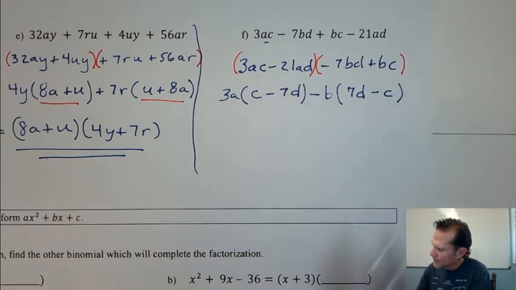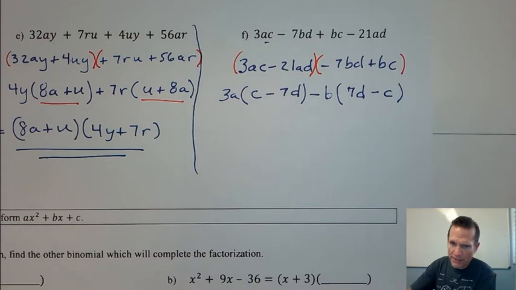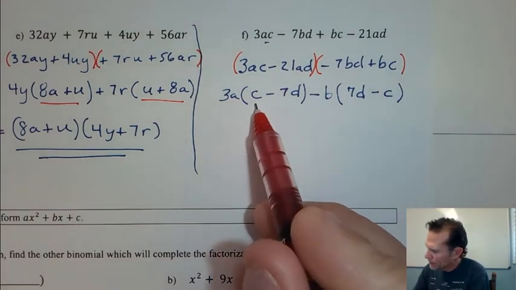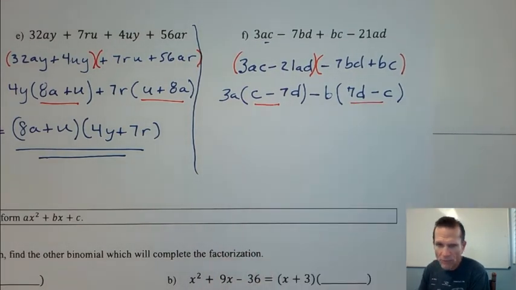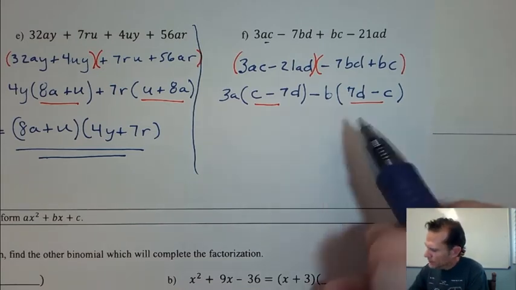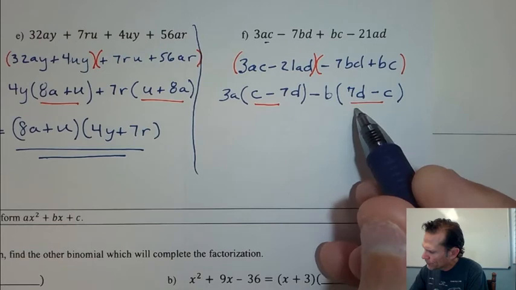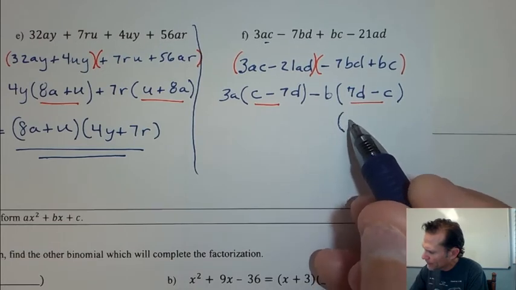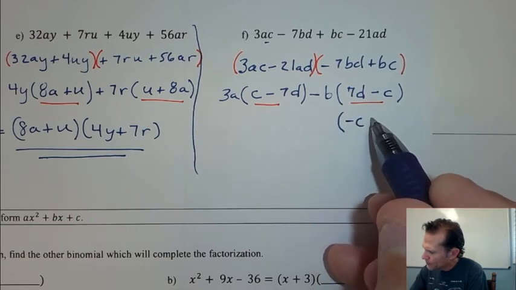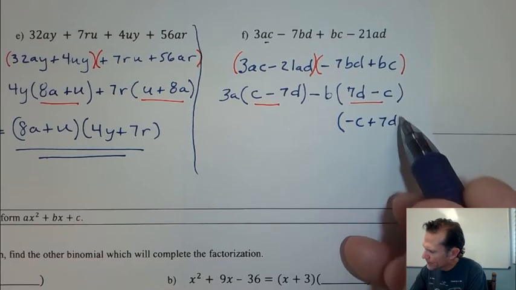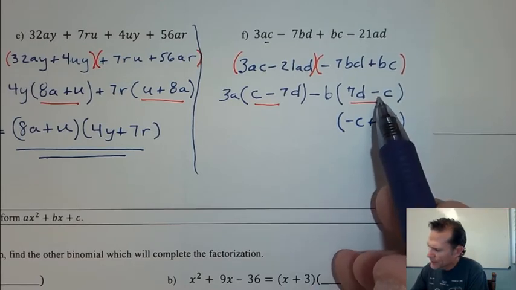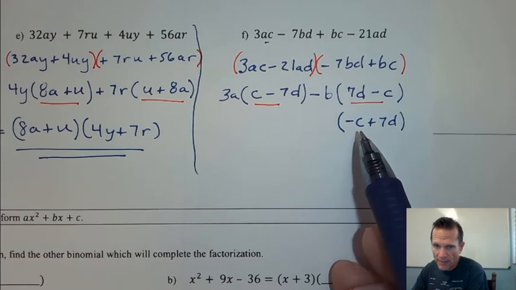c. Now, these things right here are not equal to each other. Okay, let's take a look at this. If I would flip this around, I would have negative c plus 7d. Okay, this term, because the negative sign stays with that c.